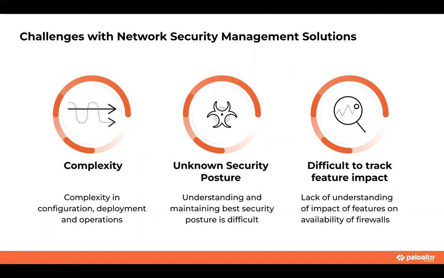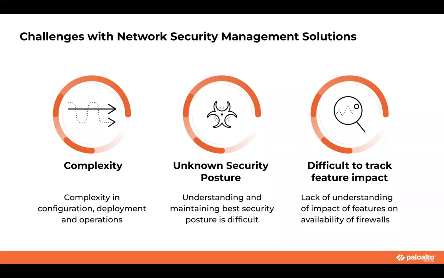Complexity comes into the picture in terms of different types of configuration, the scale of configuration, and different types of deployments, with MU related deployments, RN related deployments, or AC related deployments. And with scale also comes the challenge of understanding and maintaining the security posture.